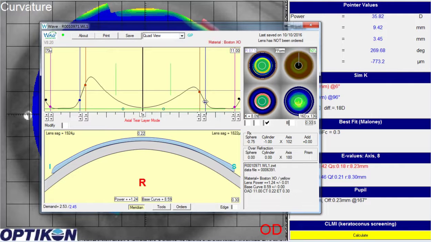So right now, we're at a sagittal depth of 728. We're going to decrease that by 17 microns in this meridian. So our new target is going to be 711. I'm going to increase the multiplier to speed this up a little bit.